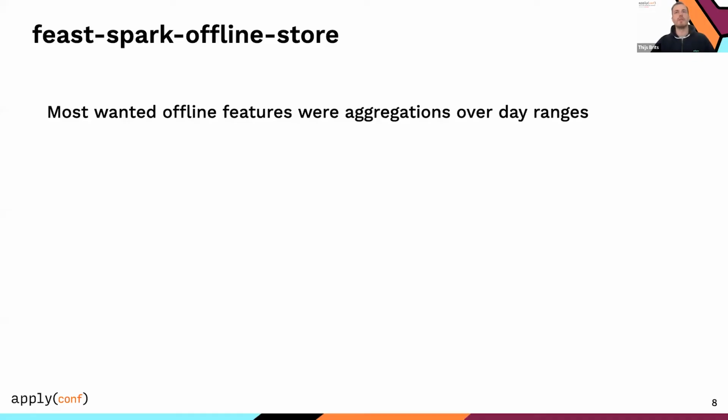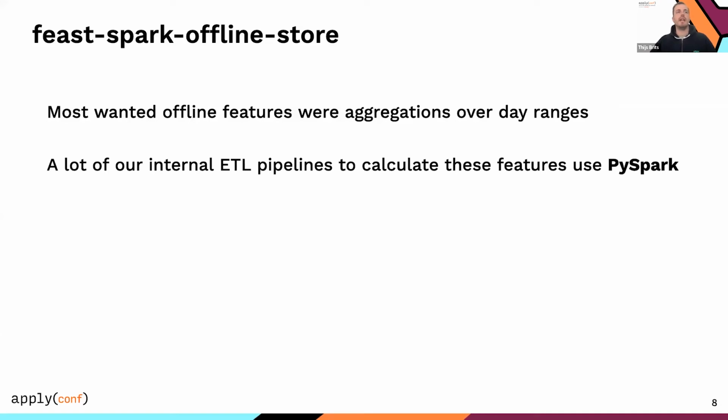And the reason for it was that at Adyen the most wanted offline features were aggregations over day ranges, larger calculations that every feature store facilitates. And a lot of our internal ETL pipelines were of course calculating these features using PySpark. And of course, Feast interfaces nicely with Python, and we were using Spark internally as well.